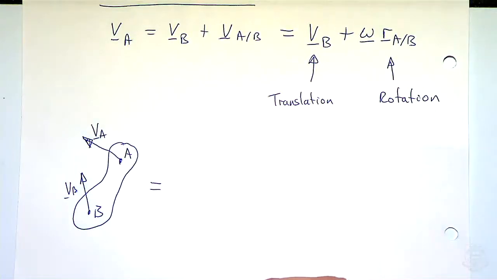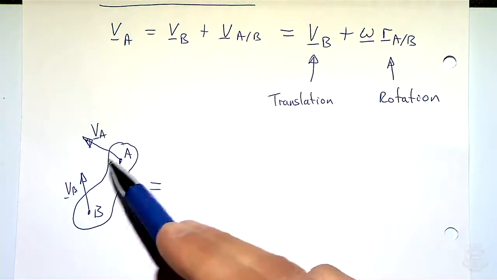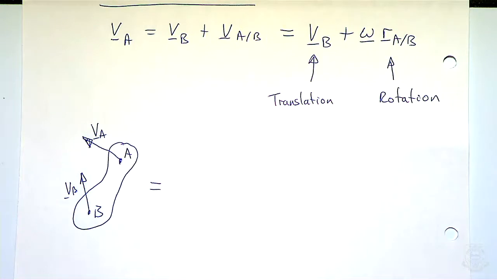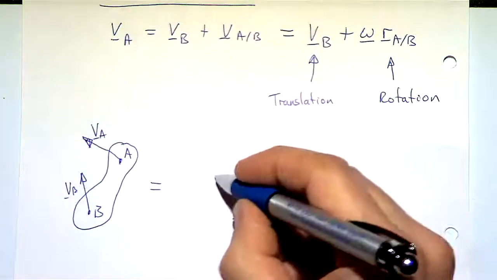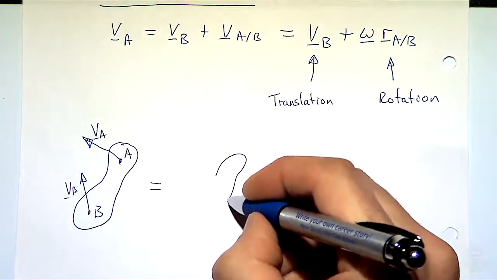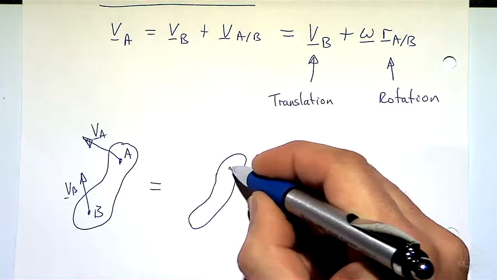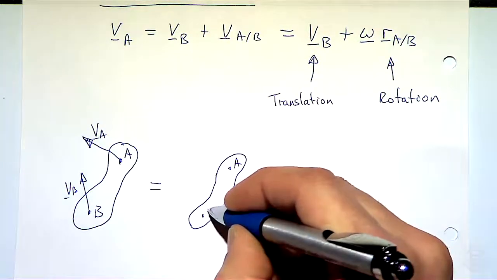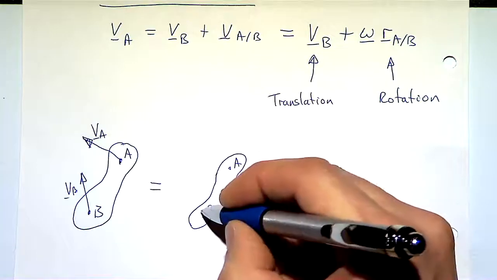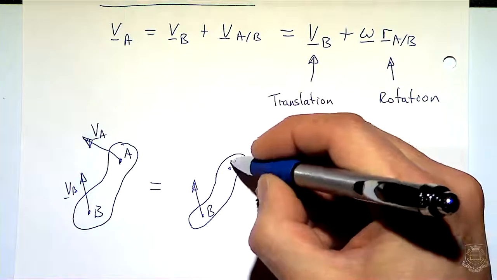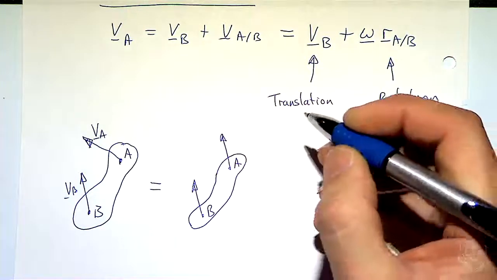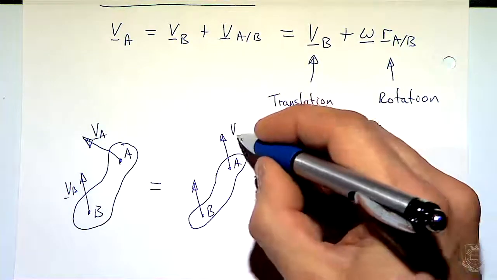So what we're going to do in the analysis of our problems is break that down. We're going to assume that this arbitrary motion, where VA and VB are both in different directions with different sizes, can be broken down into this, where we have the same body, but it doesn't look very much the same. We're going to assume that both points initially are moving at VB, so that's the translation.